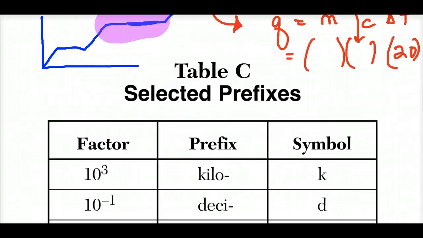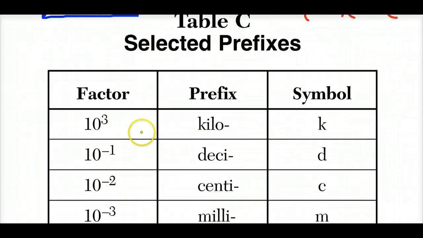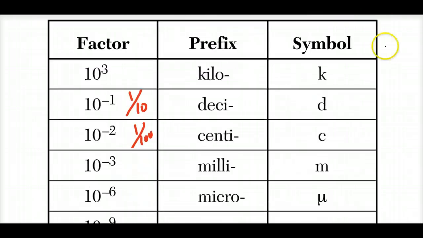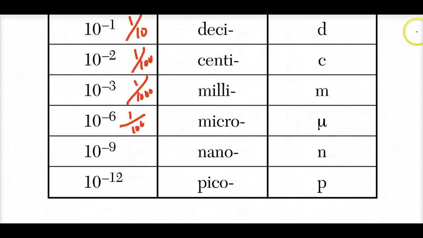Table C is a list of prefixes used for the metric system. So you should know that kilo means 1,000, deci means a tenth, 1/10, centi is 1/100th, and milli is 1/1,000th. And they even have micro here, which is one millionth, 1 over 10 to the 6th.